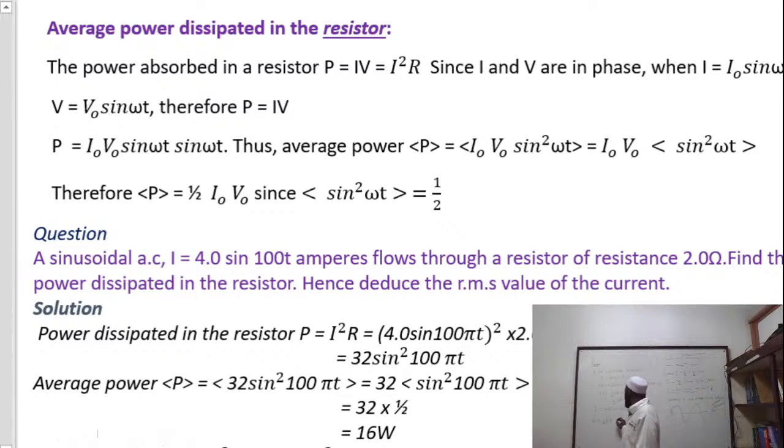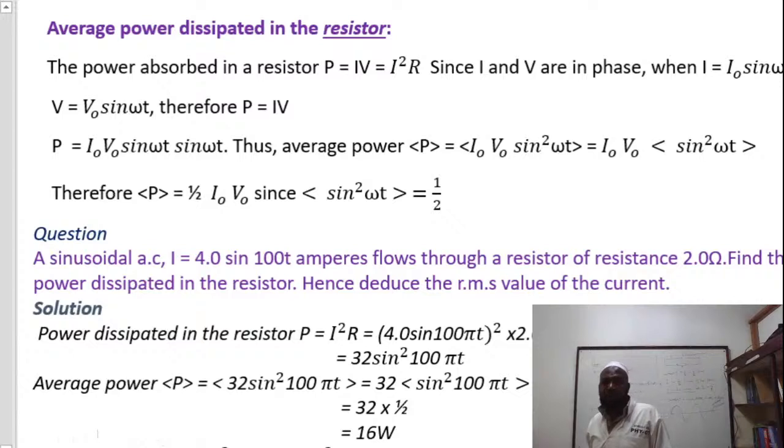So you can now substitute in here as a half, the I naught is this one, which is 4 squared, with the resistance R, which is 2. And then we end up with 16 watts.